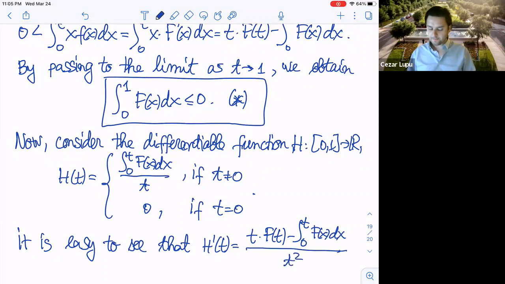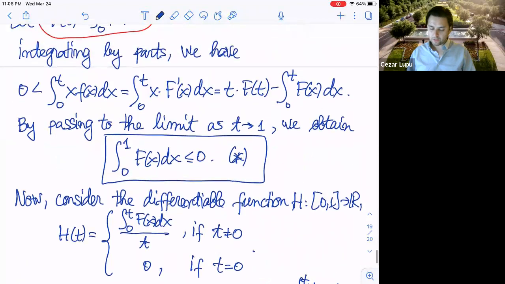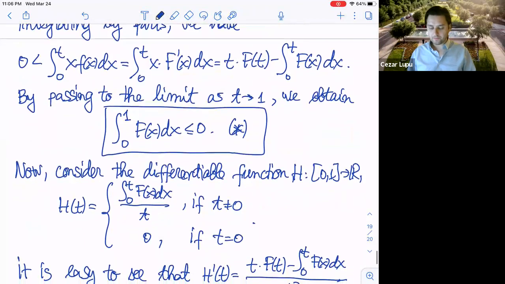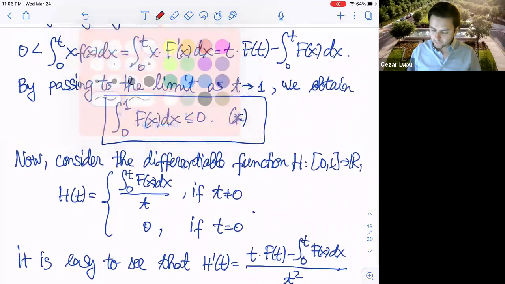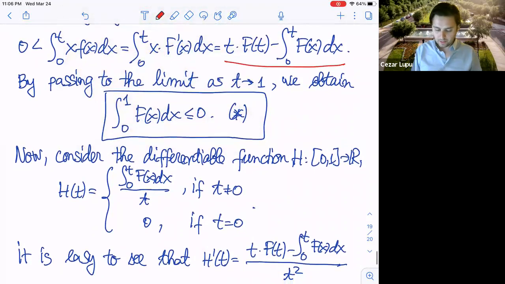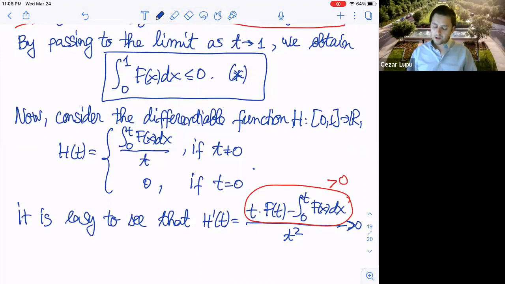We know from this relation here, look at this t f of t, this is greater than 0. So this is greater than 0.